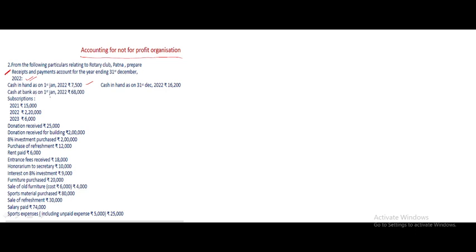Cash at bank as on 1st January 2022: 68,000. These are opening balances. Now, subscription: 2021, 15,000; 2022, 2,20,000; 2023, 6,000. Total subscription received 2,41,000. Our current year is 2022.